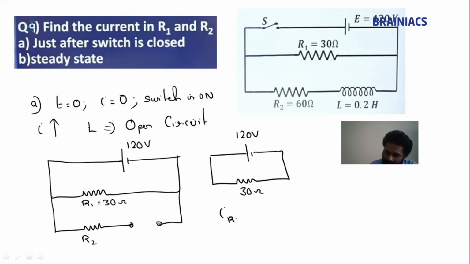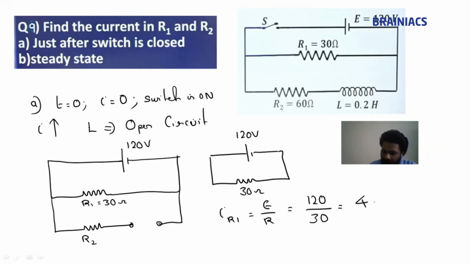The current through R1 is E by R, so 120 divided by 30, which is 4 ampere. Clear? And the current through R2 is equal to 0. These are the answers for the first question, just after the switch is closed. Hope you understood this.